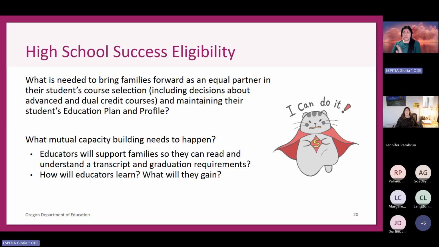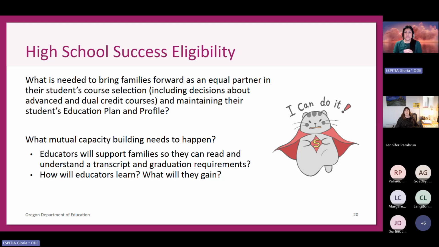not be familiar with this, I'll just give a really brief overview of the high school success eligibilities. So high school success is a program that was passed back like in 2016, I think, for Measure 98. And so the initiative is really aimed at reducing chronic absenteeism, increasing participation and access to advanced courses that offer dual credits.